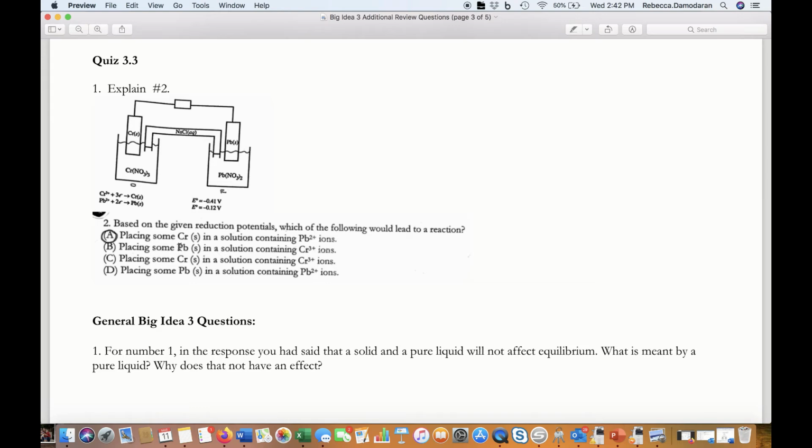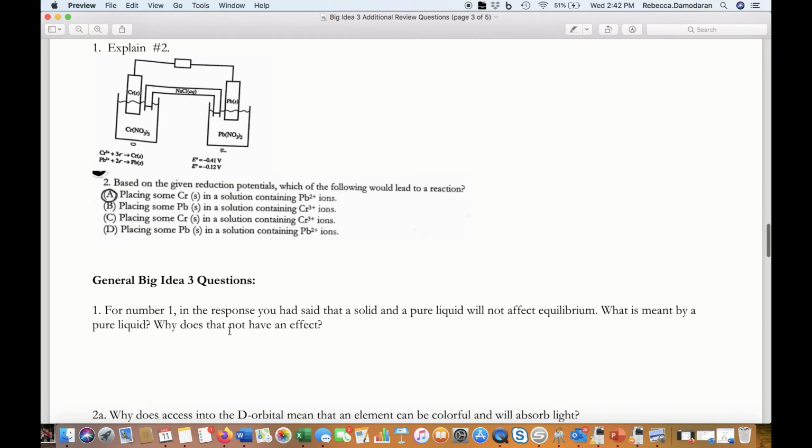Otherwise, Pb, if you have solid Pb reacting with Cr3+, right, if I flip this guy, you're going to get a negative cell potential. For C, you can't react chromium with chromium 3+, because the cell potential would be 0, right? Because I'd add this plus the negative of that. Same thing with lead. I'd add this plus the negative of it, and it would give me 0.